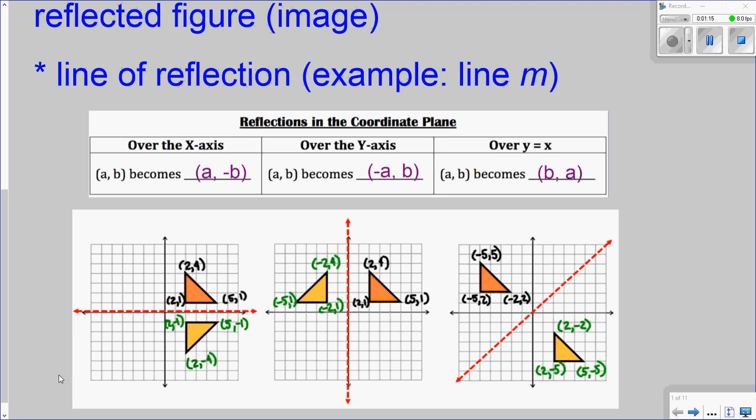If it's over the y-axis, (A, B) becomes (negative A, B). B is our pivot, which is the y-axis, and then A will change. It will become negative or positive. And if it's over y equals x, the A and B keep the same values, but just switch. So it's (A, B) becomes (B, A).